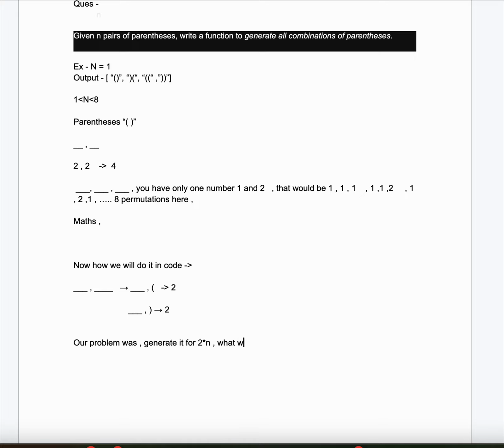We said you generate for the last one, and multiply it with the first 2 into n minus 1. So this is a kind of idea of recursion.